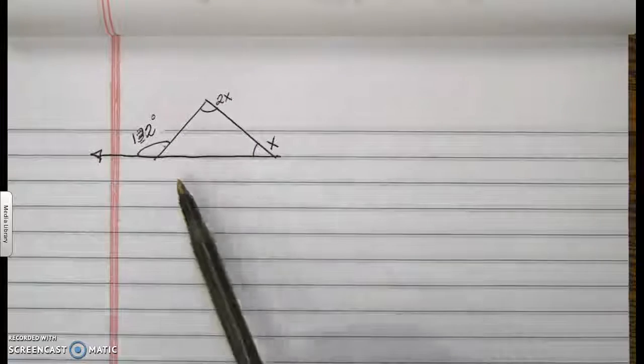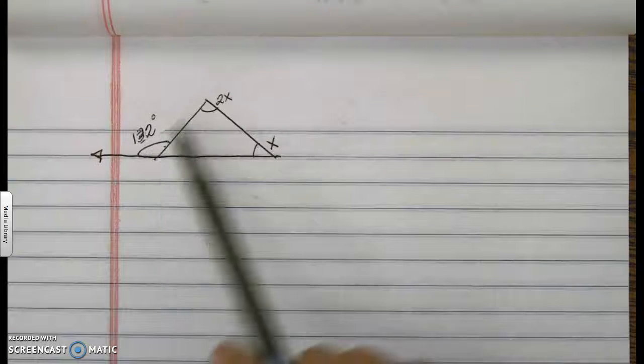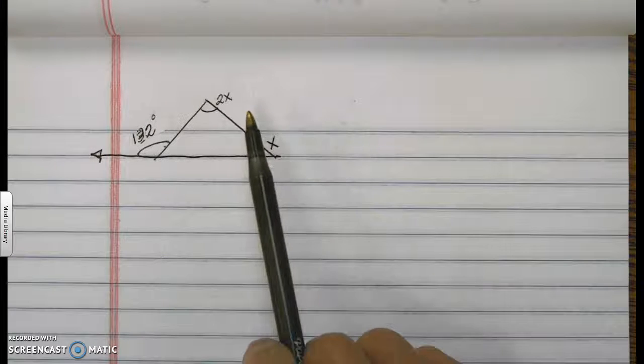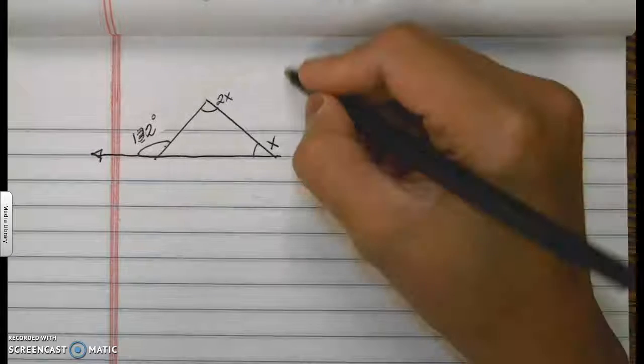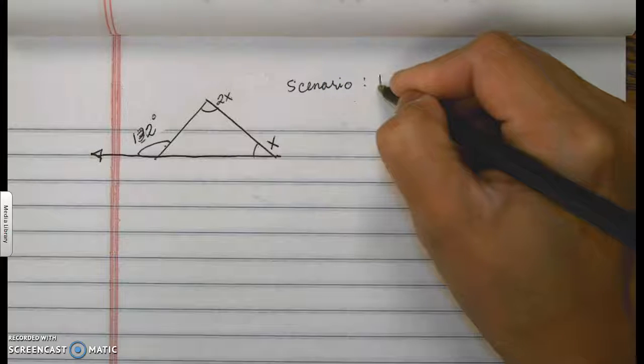Okay, so my next example is, what if you have an exterior angle and 2 remote interior angles and you're looking for x. So the first scenario is find x.